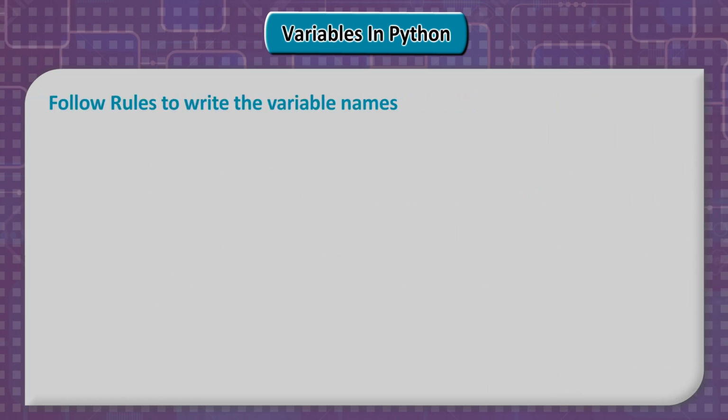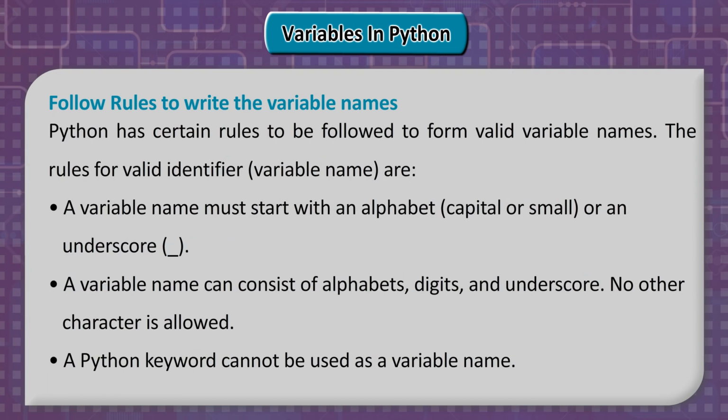Follow rules to write the variable names. Python has certain rules to be followed to form valid variable names. The rules for a valid identifier, variable name, are: a variable name must start with an alphabet, capital or small, or an underscore. A variable name can consist of alphabets, digits, and underscore.